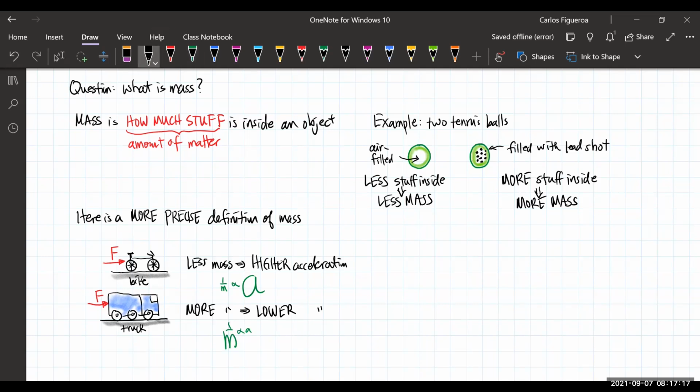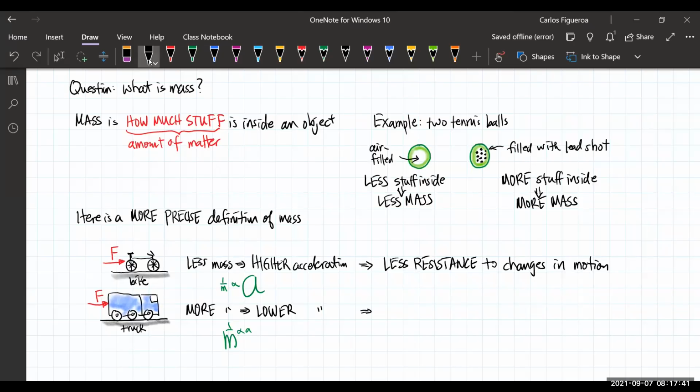Now, here is the difference. The most common way to actually say that is that this has less resistance to changes in motion.